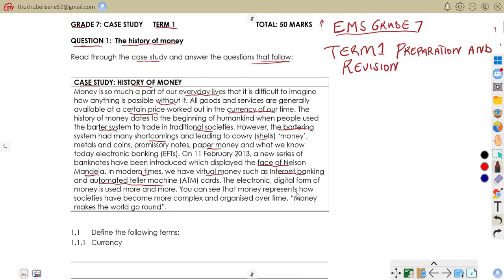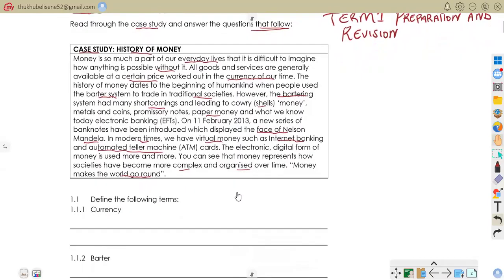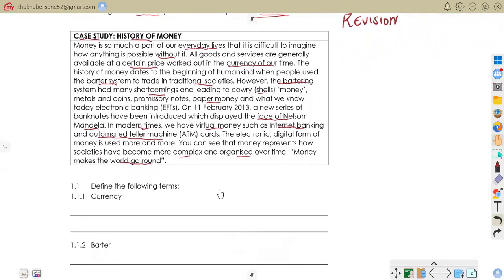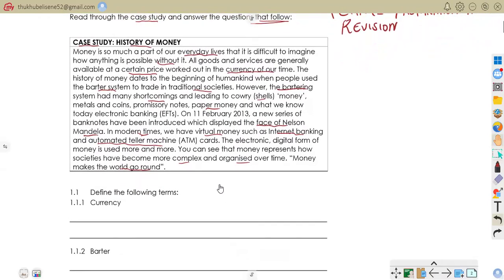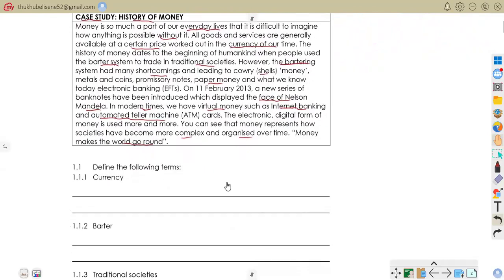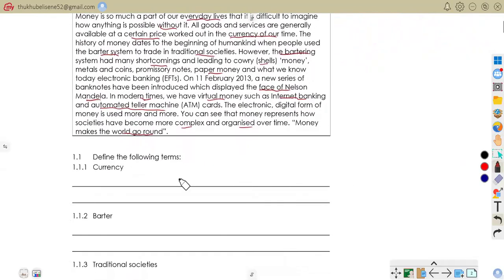You can see that money represents how societies have become more complex and organized over time. Money makes the world go round. So now we are to answer the questions that follow this case study.